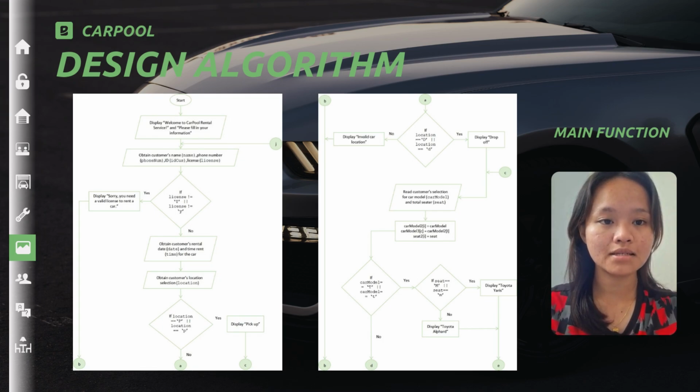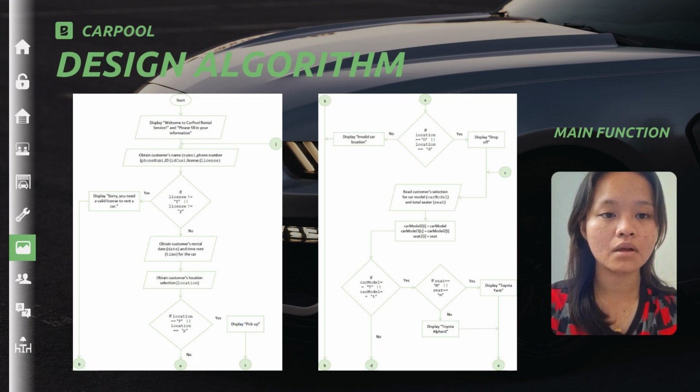Introduction. The system starts by displaying a welcome message. Welcome to Carpool Rental Service. Please fill in your information. Next, customer information collection. The system will prompt the customer to enter their details such as name, phone number, ID, and driver license status.